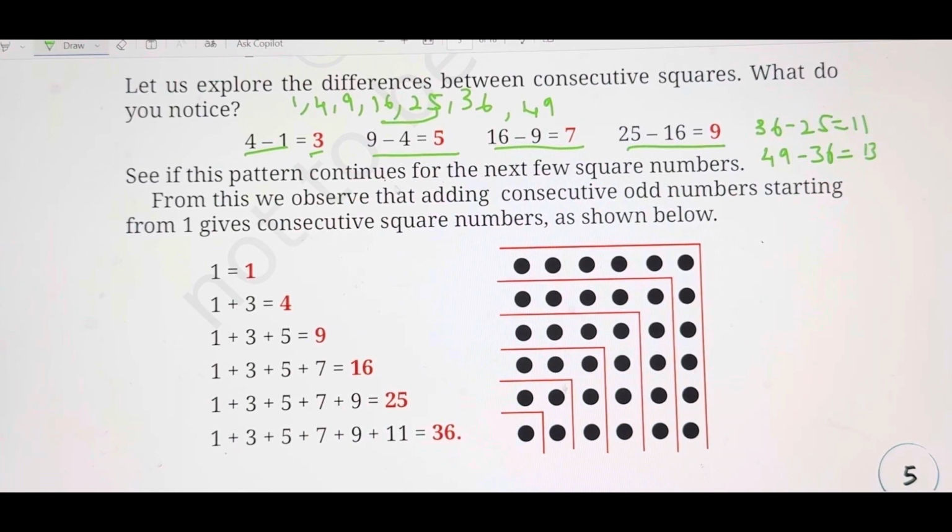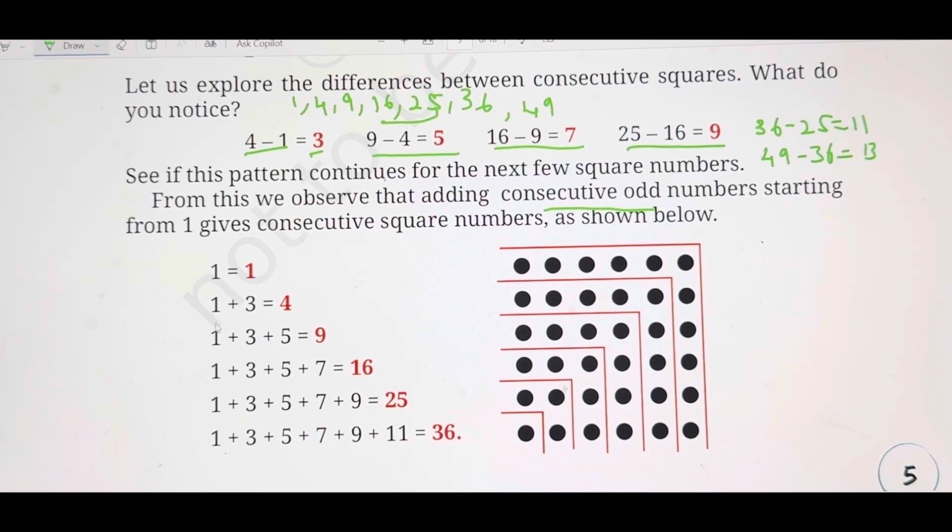From this, we observe that adding consecutive odd numbers starting from 1 gives consecutive square numbers. Here we subtracted square numbers and got odd numbers. Now we add the odd numbers and get the square numbers. 1 is the first one, so it remains 1.